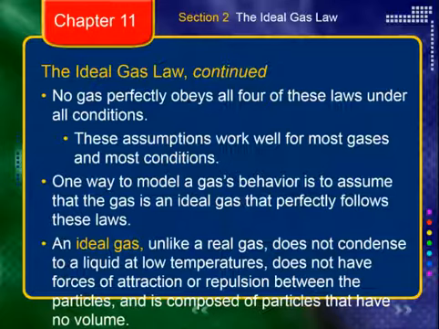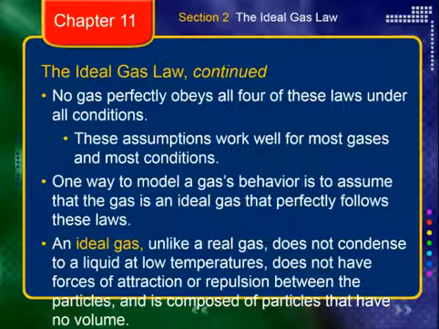For example, an ideal gas, remember, has no intermolecular forces of attraction or repulsion. Well, an ideal gas, unlike real gases, will not condense into a liquid at low temperatures, right? Once you lower the temperature on a gas, it'll turn back into a liquid. But an ideal gas won't, because a real gas has intermolecular forces.